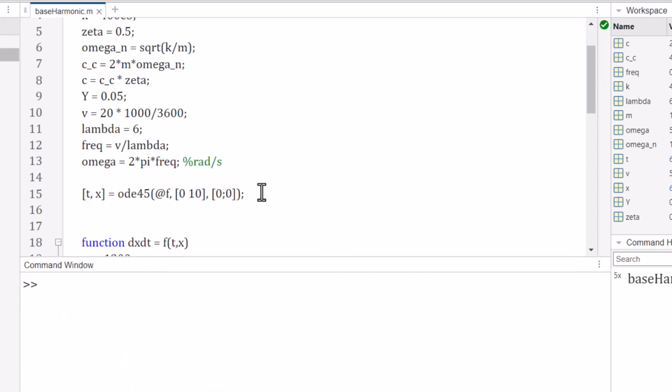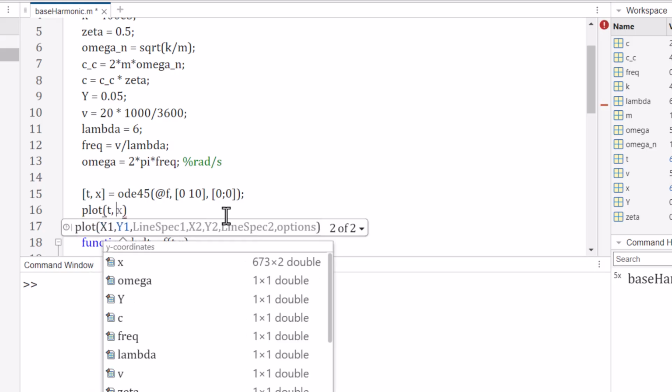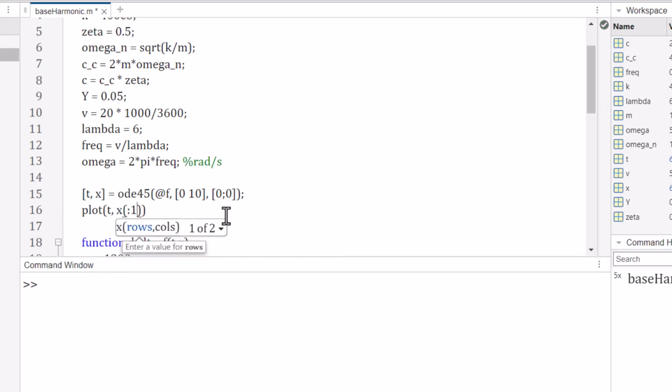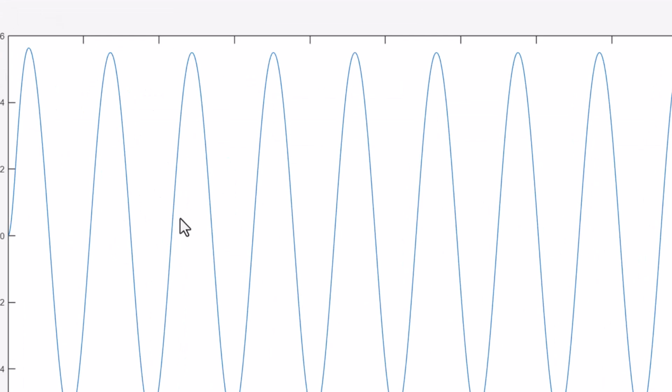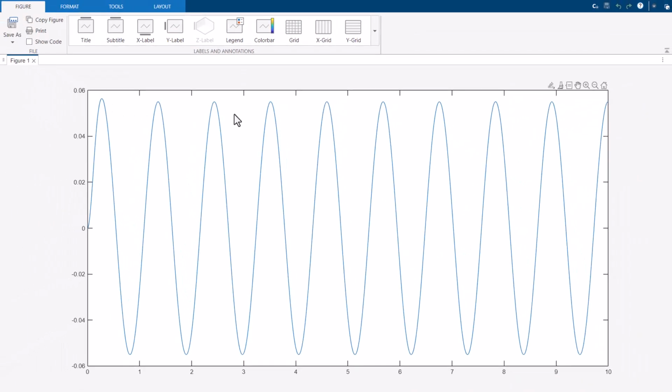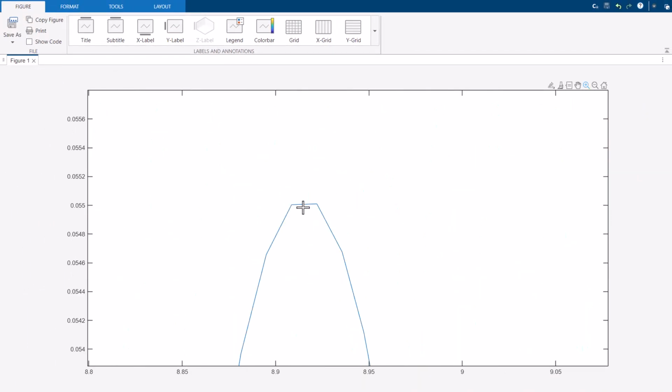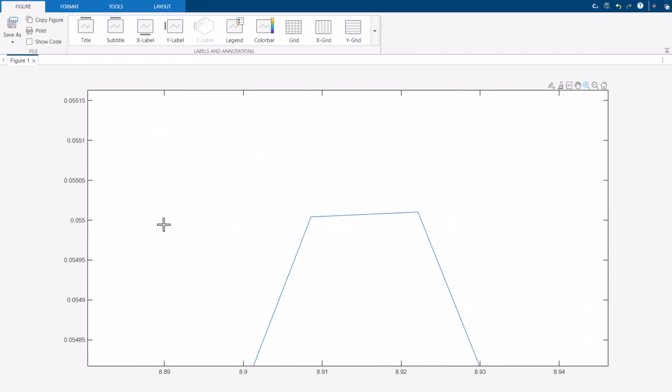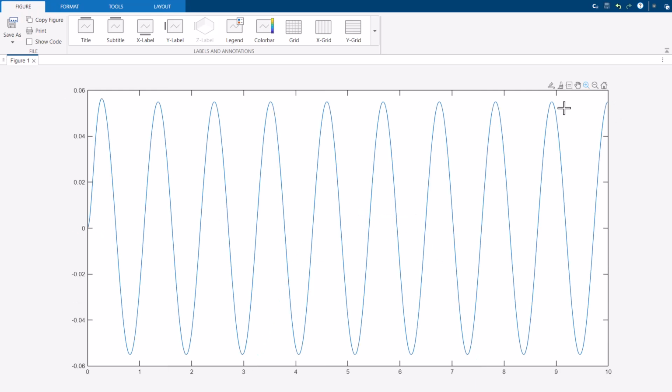I press F5, and maybe I can plot t comma the first column of x, which is going to be the position. I press F5, and here is the result. And if I zoom in, I can see that it is 0.055, and this is the desired answer of the steady state amplitude of oscillations.